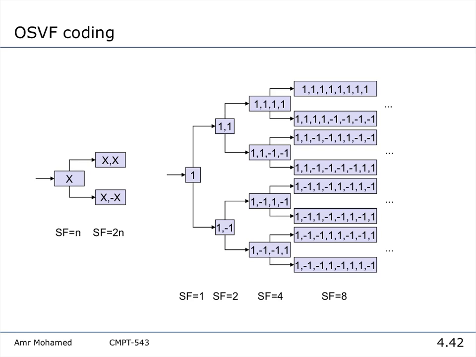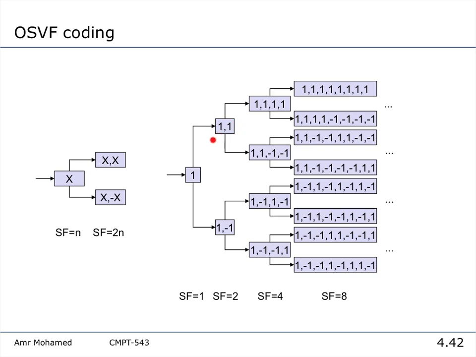Variable spreading factor here talks about the fact that if we use spreading factor 2, this means that each bit from the user data will be spread into 2 bits. Is that clear? So the spreading factor is 2, which means that each bit from the user will be spread into 2.